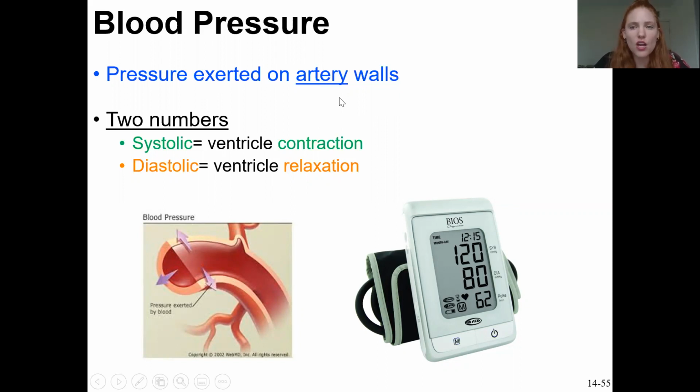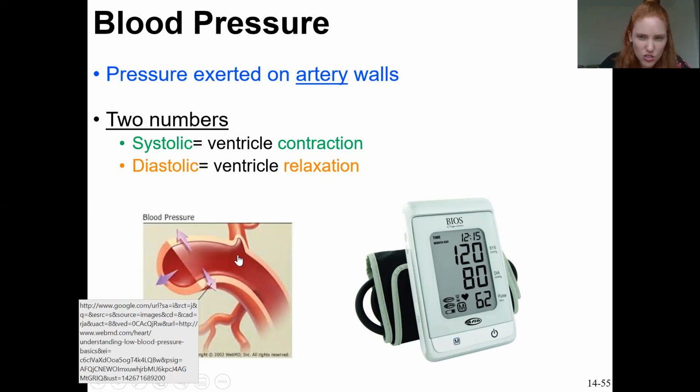So we're going to be looking at the artery walls. If you look at the arteries, here's the blood. The blood is a liquid, and that blood is going to be pushing against the arteries. How much it pushes against the walls of the arteries, that is blood pressure.